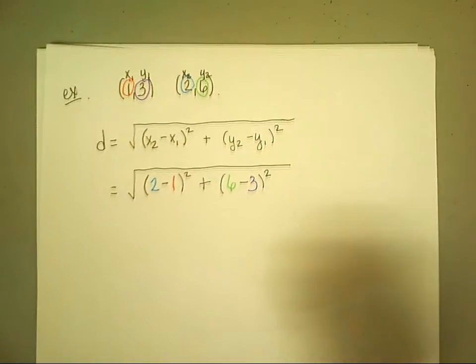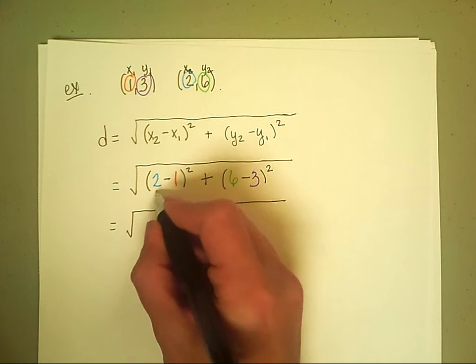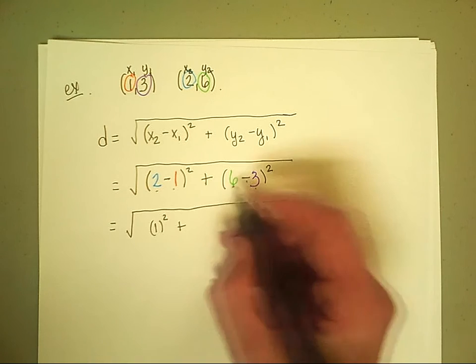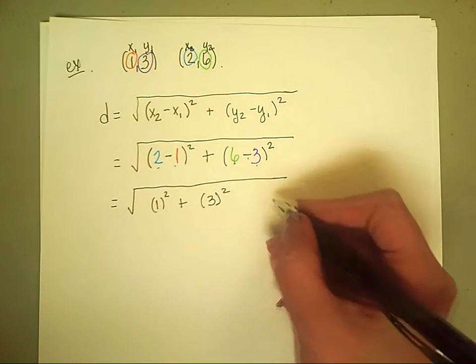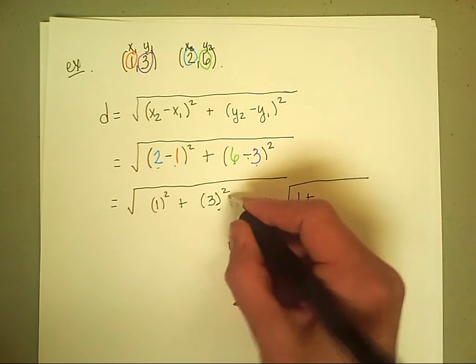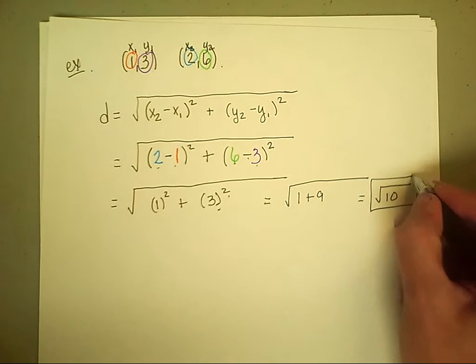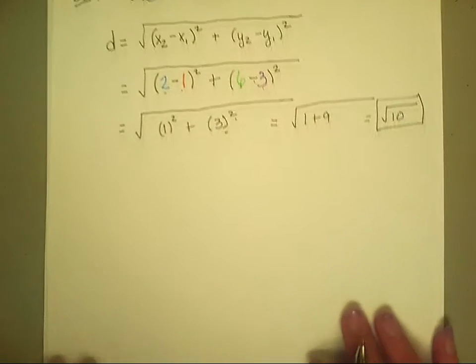And then we have to square that. So this is equal to, now we'll simplify underneath the radicals. 2 minus 1 is 1, that's still squared. 6 minus 3 is 3, and that's squared. So this is just equal to the square root of, well, 1 squared is 1, 3 squared is 9, so the square root of 10. Which is what we found before, using the Pythagorean theorem in the diagram.